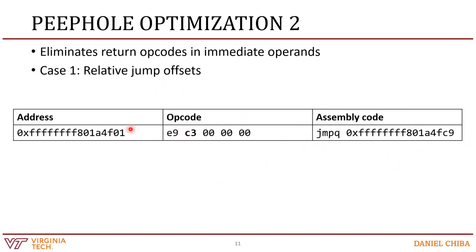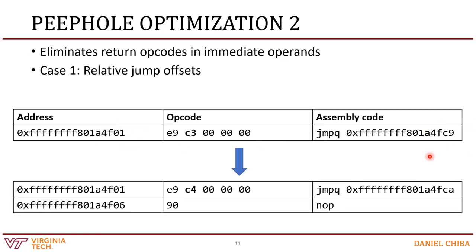So if you do the math, you'll find that 4F01 plus C3 would give you 4FC9. And so what's done in this case is that this code is replaced by a jump to CA instead of C9, and we just put a no op instruction after this instruction.